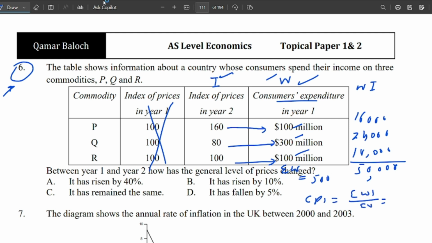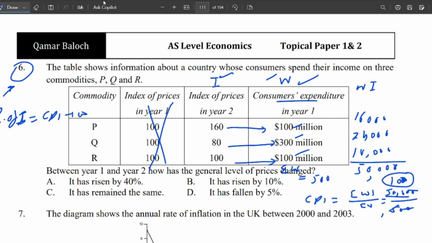Again, for finding CPI, we have the formula: sum of weighted index over sum of weights. The sum of weighted index is 50,000 and the sum of weights is 500. So you can cancel 2 zeros with 2 zeros, 5 ones are 5, 5 ones are 5, and so we will get CPI equal to 100. And for finding the rate of inflation, we put these values: CPI minus 100.